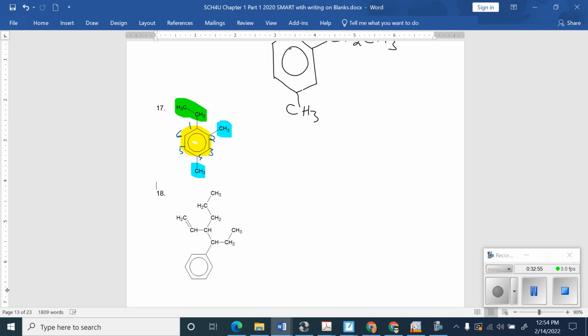So that becomes a 1-ethyl, and we're also following our alphabet rule here, ethyl before methyl. Then dash 2,4 dash dimethylbenzene.